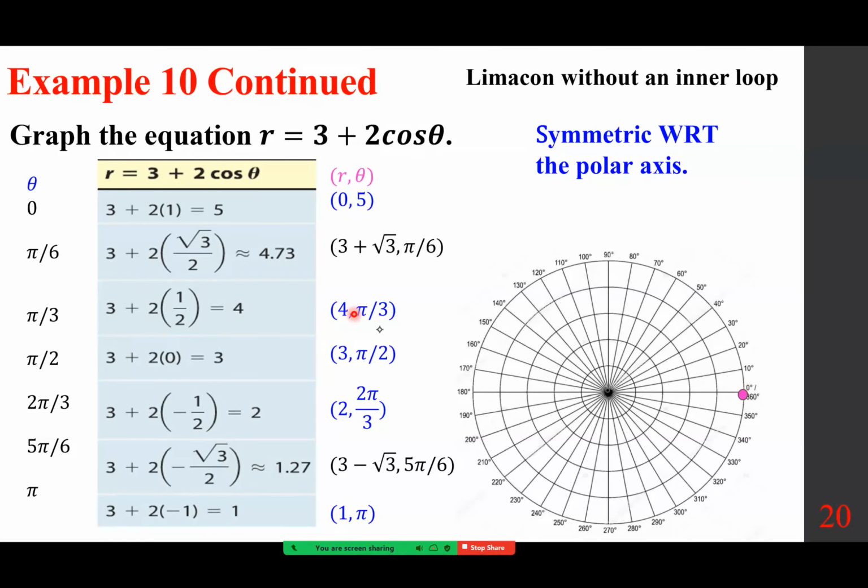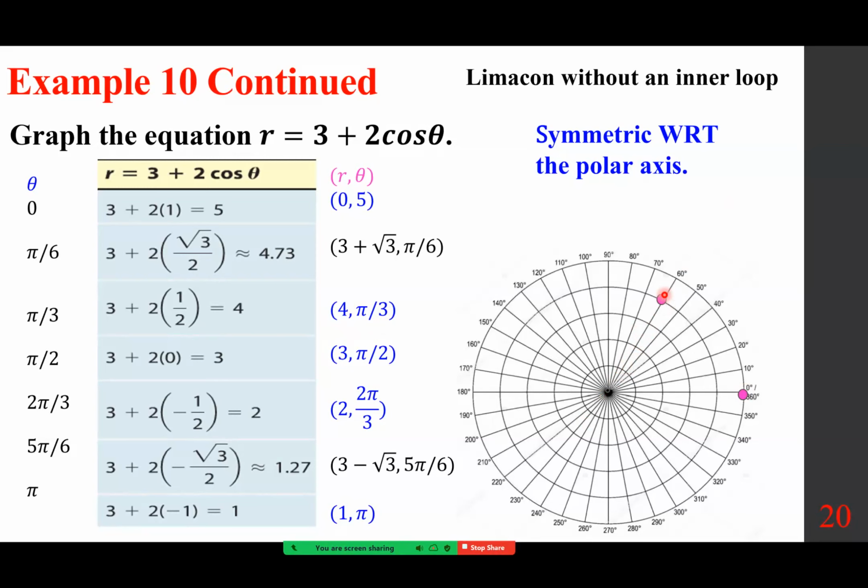I want to go with the easy one, 4 and pi over 3. Pi over 3, or 60 degrees. We have 4, so roughly 1, 2, 3, 4.